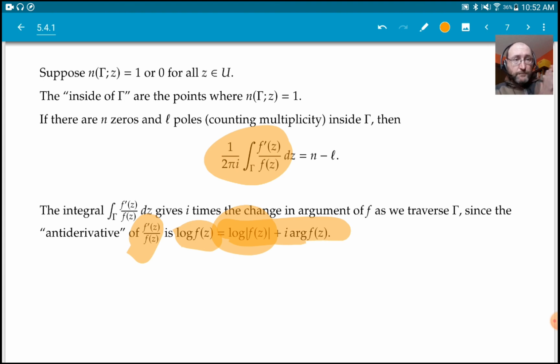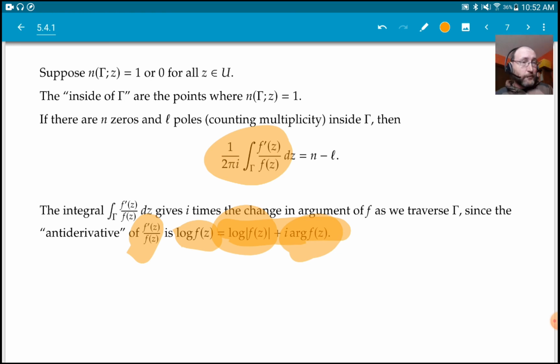But on the imaginary part, the argument grows or goes down, because when you're going around, you're moving the argument a little bit.